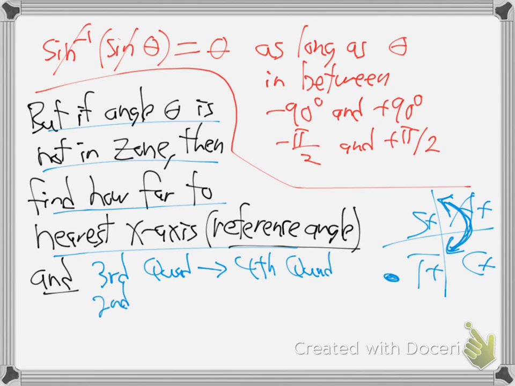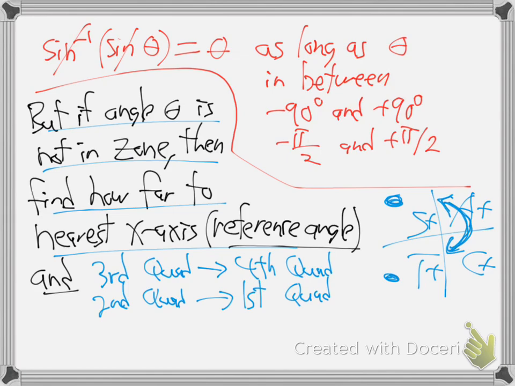And what if you were in the second quadrant? What is sine in the second quadrant? Positive. So where is it going to go? Among these two, it's going to go to the first, where sine is also positive. Do you see what I mean by it going back to the quadrant that has the same plus or minus?